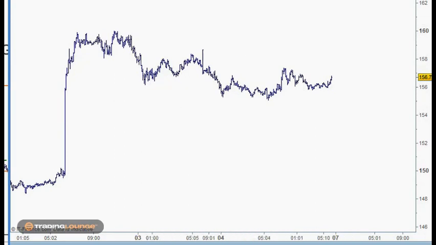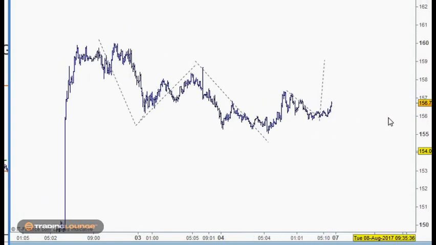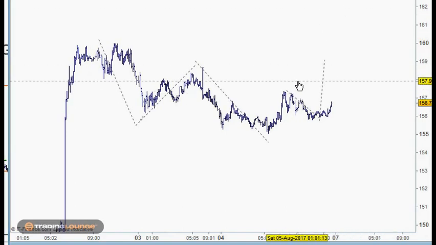It does appear that this is an A wave and a B wave and a C wave down to here. So it does appear to be corrective for this market. So this is also corrective, this little bit here. So we should see this move up here further. Obviously the problem's going to come in at 158 and 160 and so on.